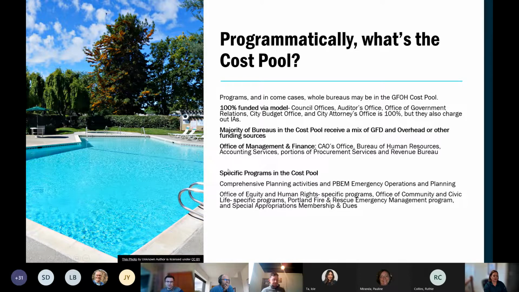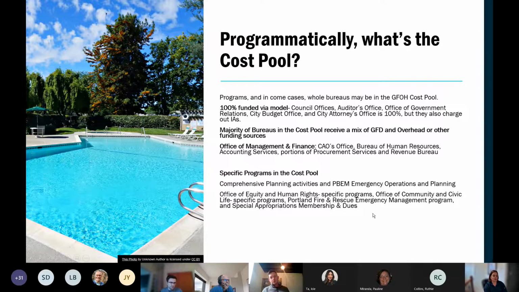So the next group, OMF, which has a lot of the internal programs identified on this slide, plus the Revenue Bureau, all have different mixes of what is included in both their cost pool and in their general fund discretionary programming. And then there are specific programs that are in the cost pool. So comprehensive planning activities at the Bureau of Planning and Sustainability, and PBEM Emergency Operations are 2 examples of programs.